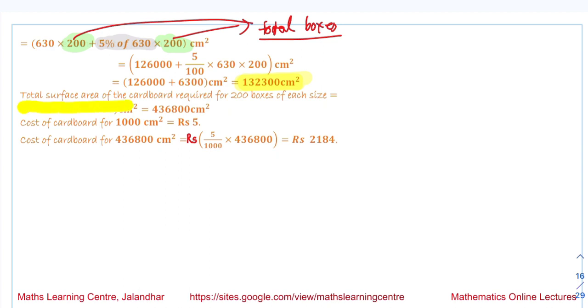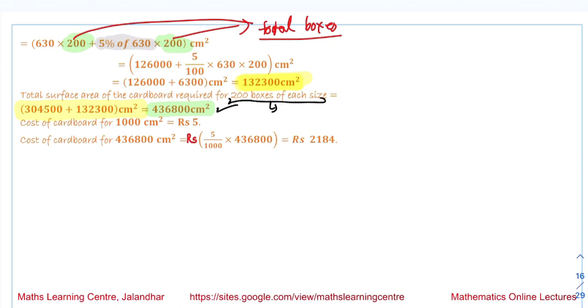So the total area that we get is 304500 plus 132300. We have added these two values and the final answer we get is 436,800 centimeter square. So this is the total surface area of the cardboard required for 200 boxes of each size.